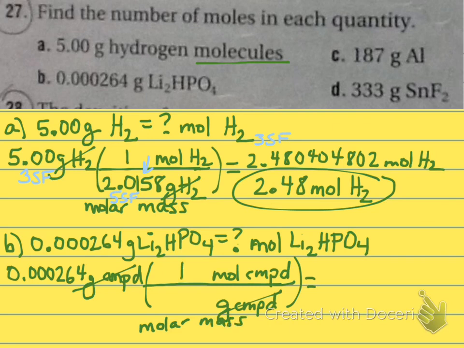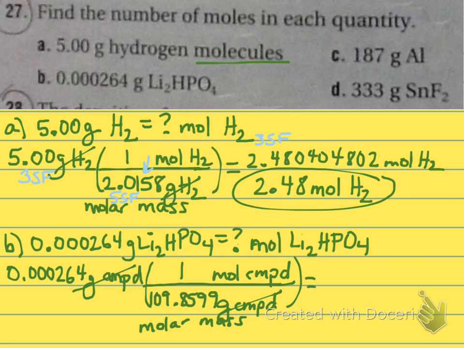To get my mass, I'm going to have quite a bit of math to do here because I have 2 lithiums. So 2 times 6.941 plus a hydrogen, 1.0079, plus a phosphorus, which is 30.974, plus 4 oxygens, so 4 times 15.999, and I get a mass here of 109.85.